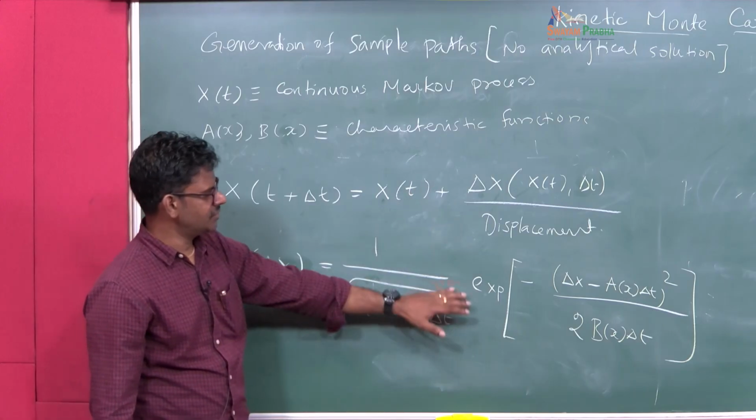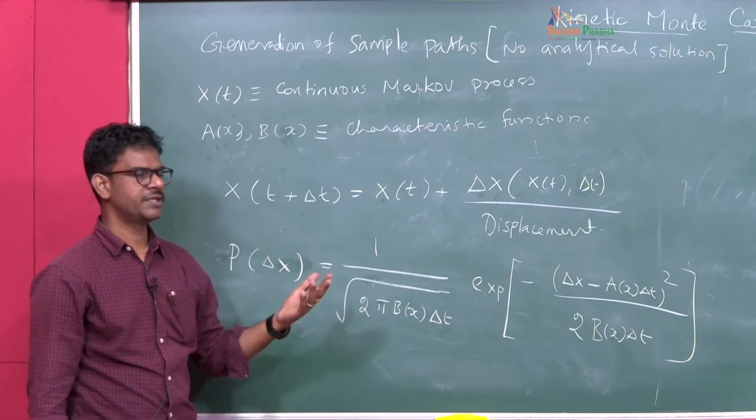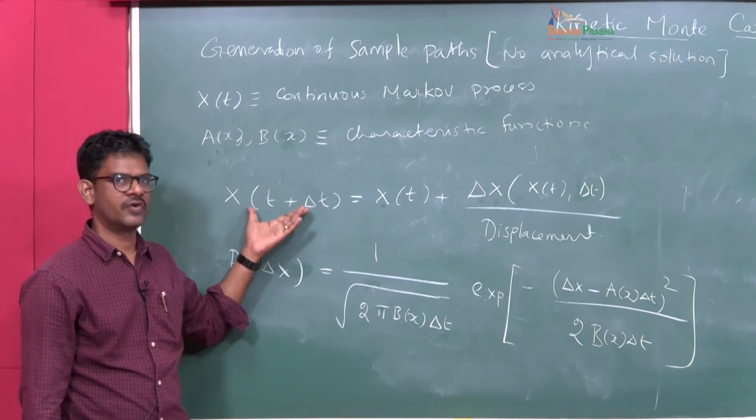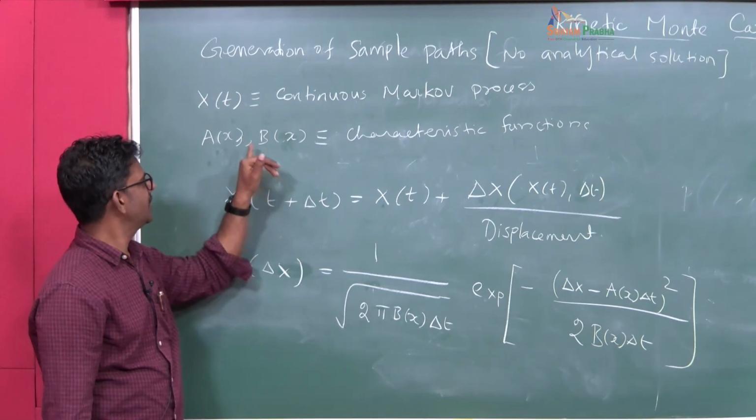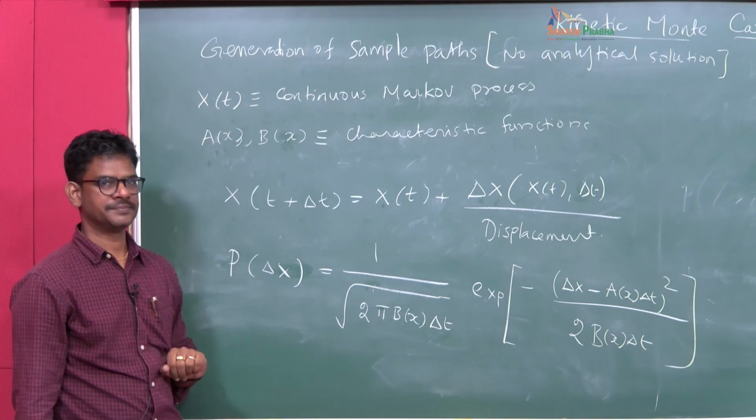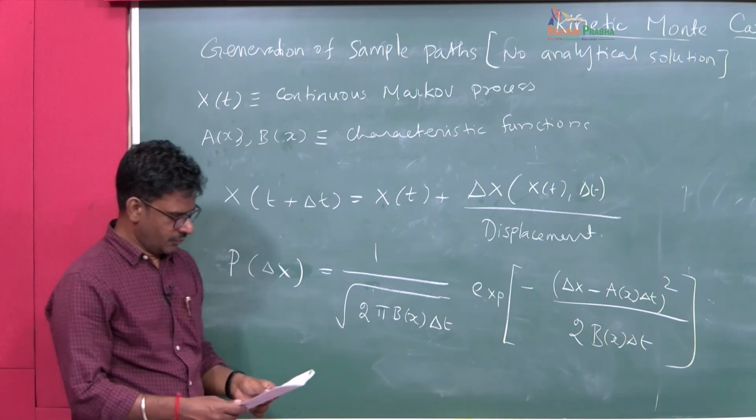So this methodology basically gives you a means by which you can generate a sample path for any Markov process, given that you know the functional form for a and b. So you would write something like this.